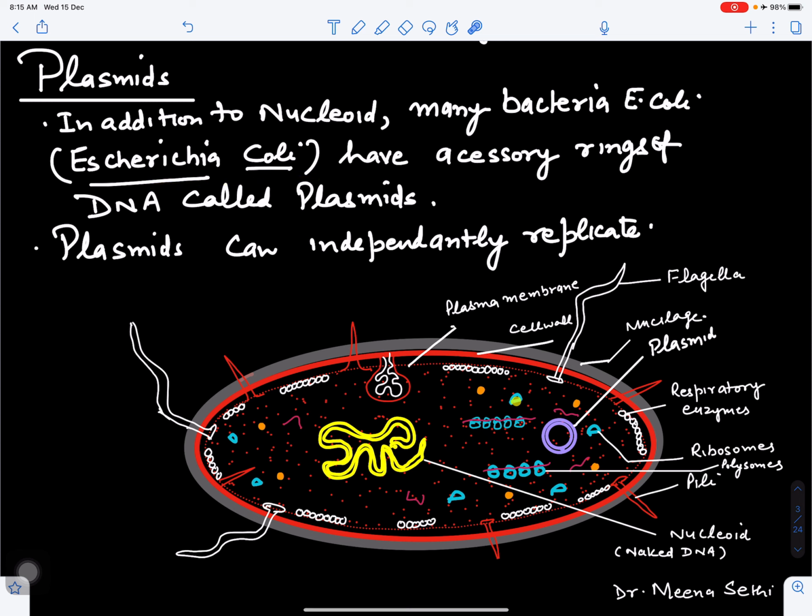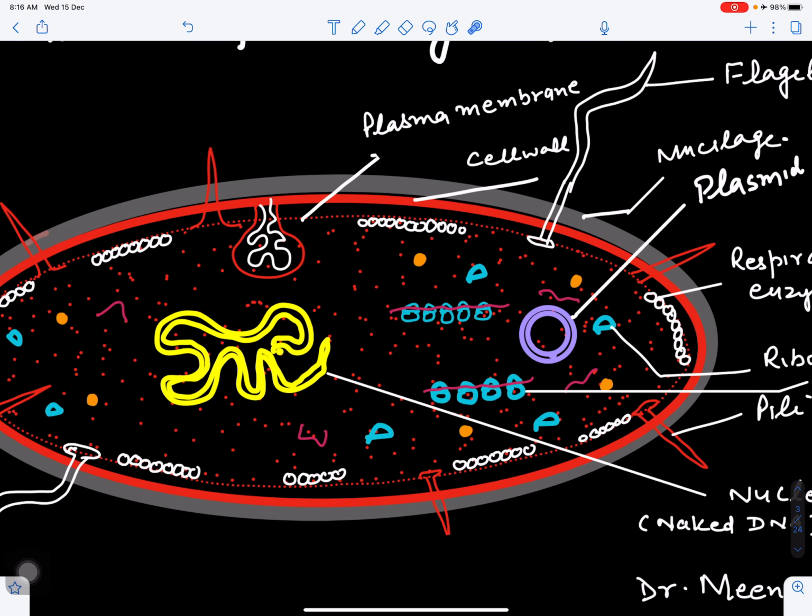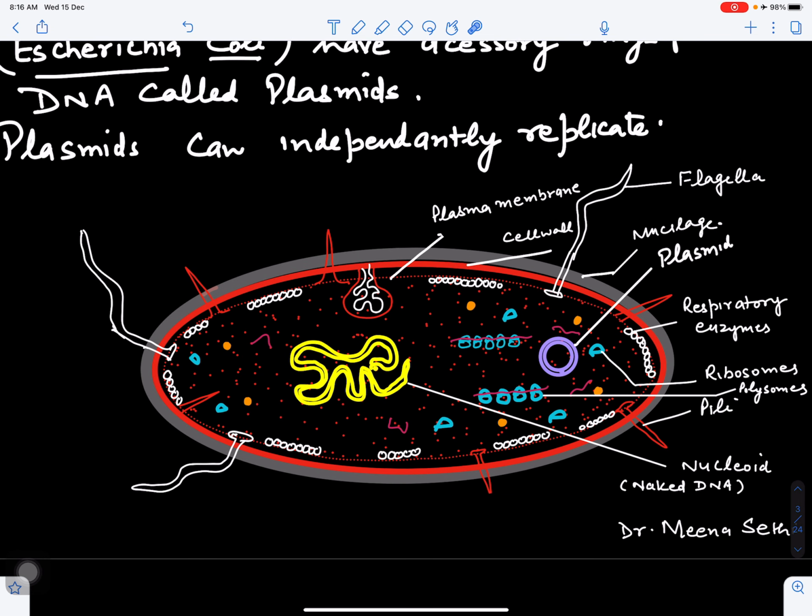Now these are 70S ribosomes, and they will get associated during protein synthesis to form polysome structures, right? What is a polysome, basically? This is a messenger RNA, and it is showing association with the ribosomes. So this is called a polysome. So we'll again repeat the structure of bacteria. If we see its labeling also, this is the cell wall.